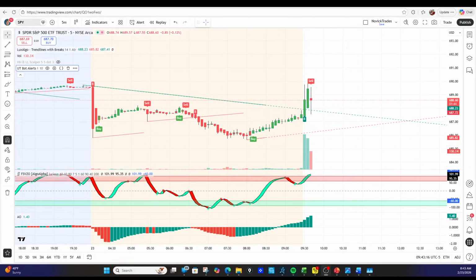Okay, here's TradingView. And it did give a sell signal here, but it looks like a long-legged spinning top. It's the only way I can think of to describe that.